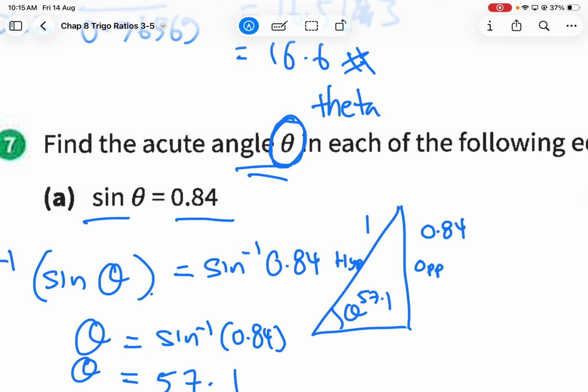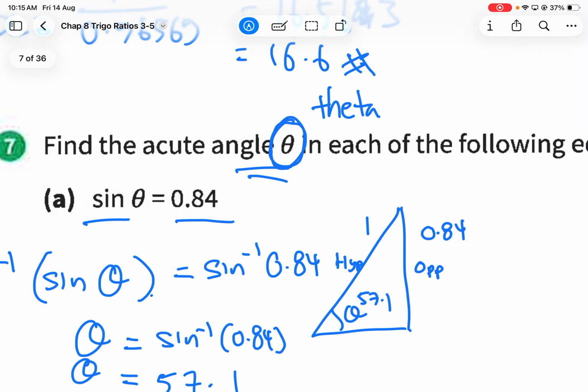It is like x or y. Just that x and y we use for any unknown, but theta we usually use for an unknown angle. So it is just an angle that I don't know yet. It is just a symbol, written like that with a tail.